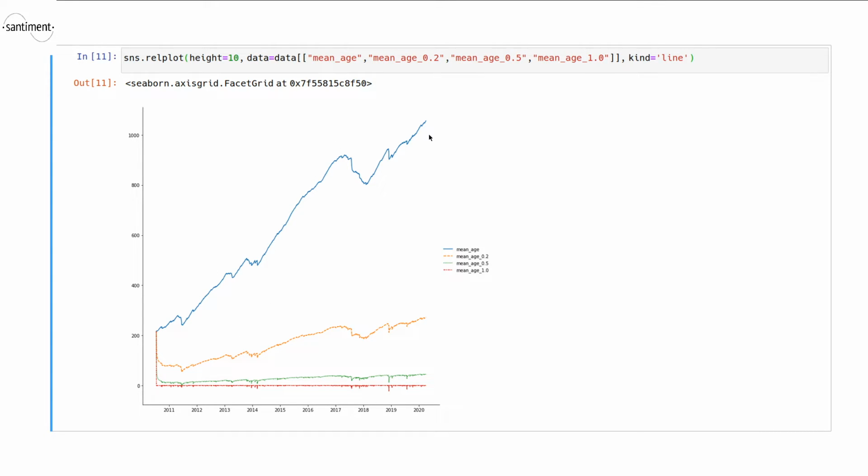The blue one is the original mean age. The red graph is the normal differences, daily differences of the mean age. And then you see for 0.5, the green graph, this is what the statistic tells us should be pretty okay.